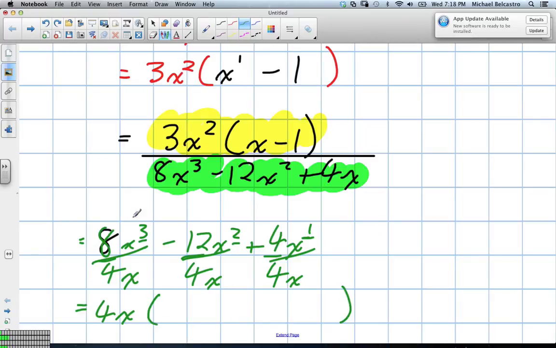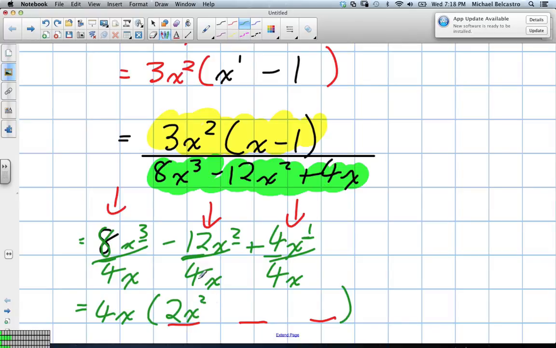And inside the bracket, we're going to divide each of these three terms to see what is left. So 8x cubed divided by 4x. Well, what's 8 divided by 4? 2. And x cubed divided by x? X to the power of 2. Good.